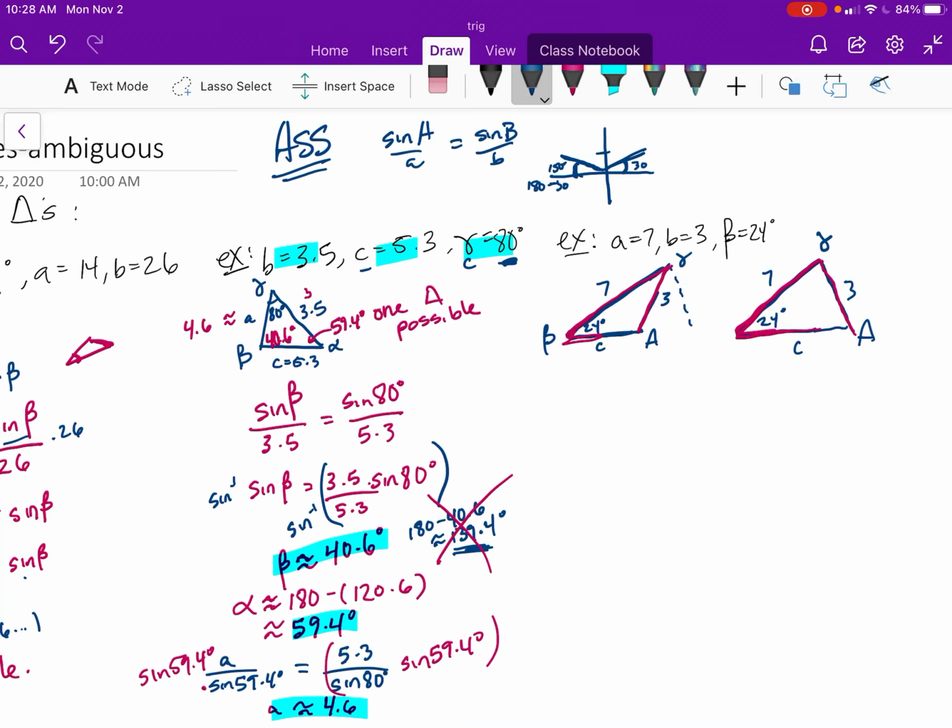So now let's show, using the law of sines, that it is in fact possible here. Without a picture, I know I had A, B, and B. Little b, big B. So therefore I knew I didn't know sine capital A or alpha over 7 equals sine beta, sine 24 over 3. Okay, sine A over A, sine B over B. And we solve for sine alpha.